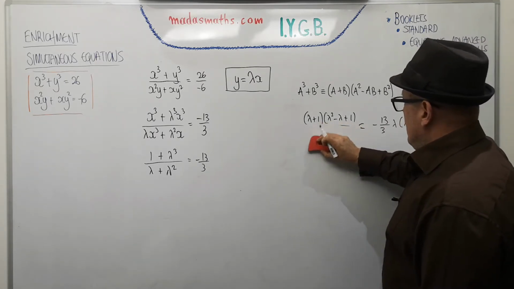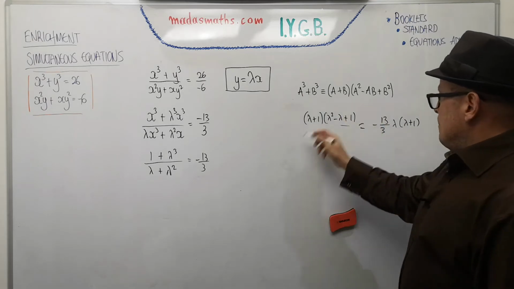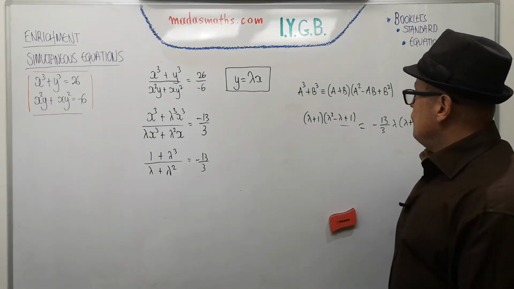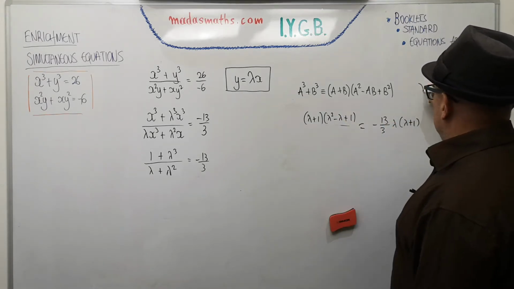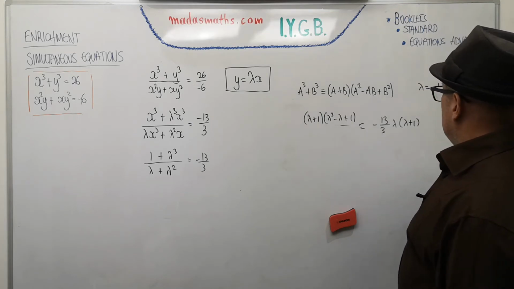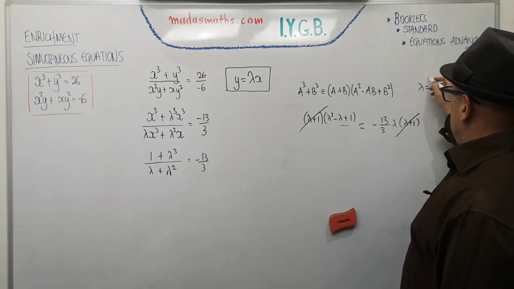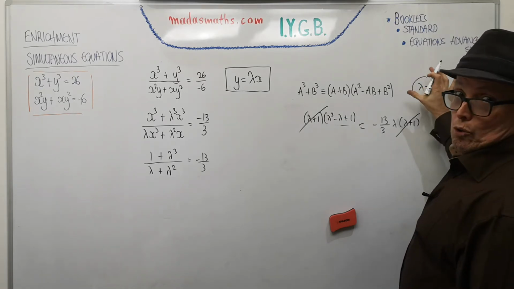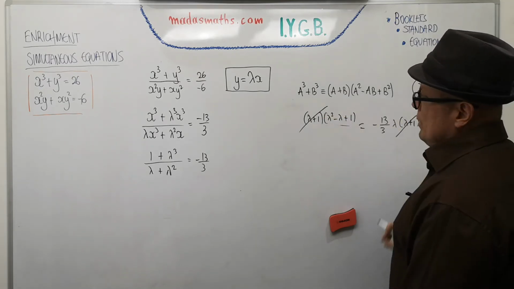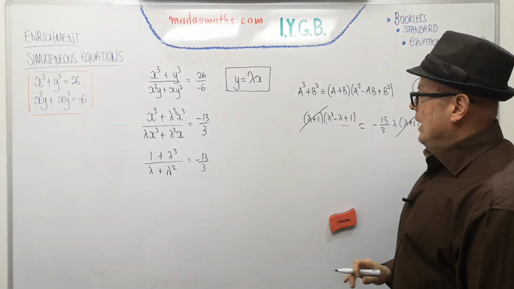You cannot just divide by the bracket lambda plus 1, because you're going to lose one of the solutions. However, if you account for it, lambda is equal to minus 1, then you can cancel it and say, I've taken care of that. I'm aware the solution lambda is equal to minus 1 is there, and then deal with the resulting quadratic.